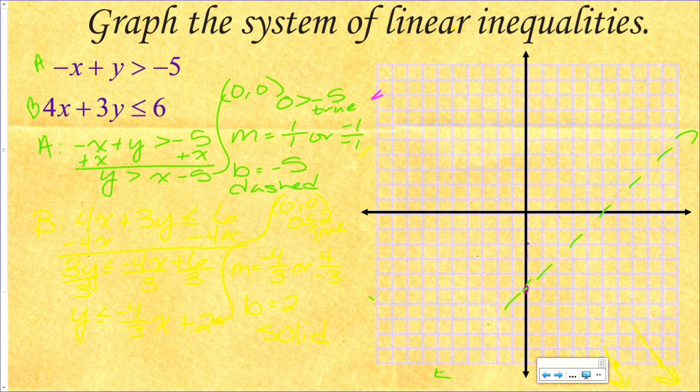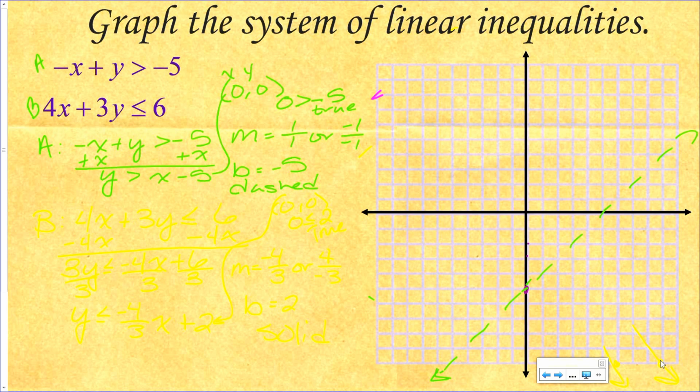You need to choose a point that's not on the line, right? The easiest one to pick that's not on this line is 0, 0. So then you have an x and a y, and you plug it in where x and y are. So this would be 0 is less than 0 minus 5, so 0 greater than negative 5.